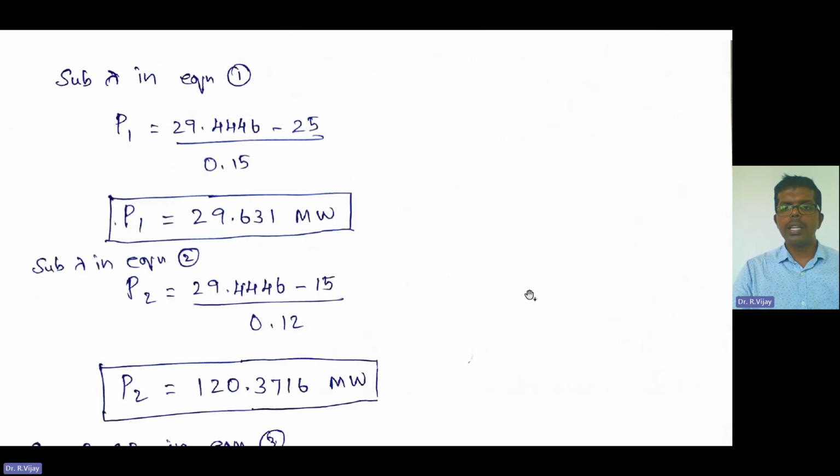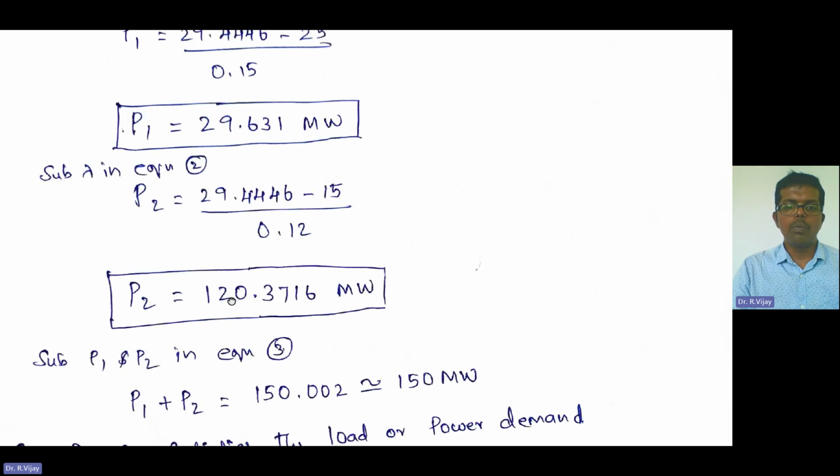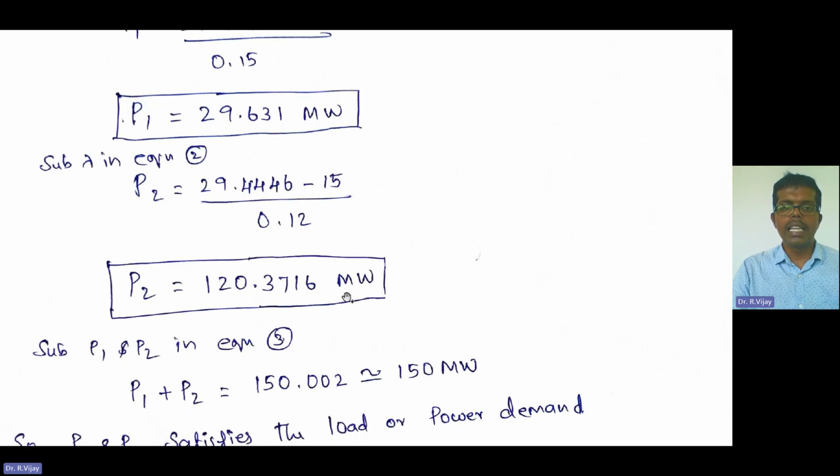Now substitute lambda in equation number 1 to find P1. Solving using the scientific calculator, we get P1 equal to 29.631 megawatt. Similarly, substitute the value of lambda in equation 2. We get P2 as 120.3716 megawatt.